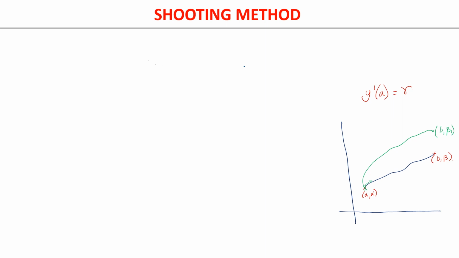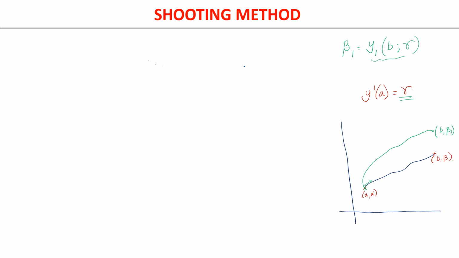What is beta 1? Beta 1 refers to the value of y or y1 at B when the assumption made is gamma. So we could write it as beta 1 equal to y1 of B semicolon gamma.